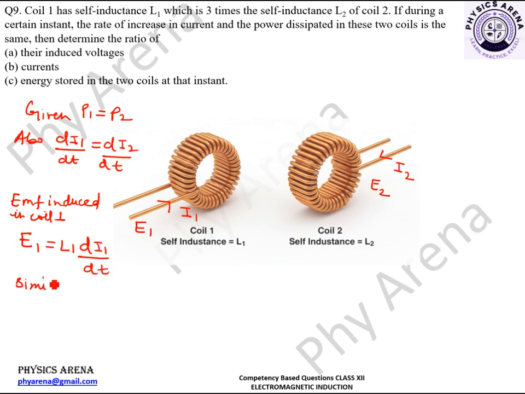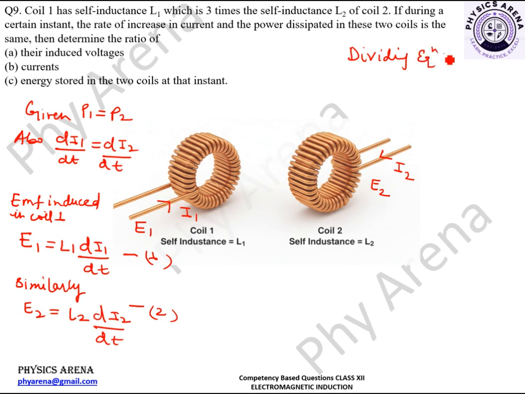Similarly, E2, the EMF induced in coil 2, will be L2 times dI2 by dt, the rate of change of current in coil 2. So this is my equation 1 and this is equation 2. Let's divide these two equations, equation 1 by equation 2.